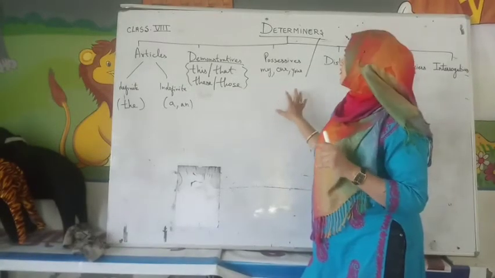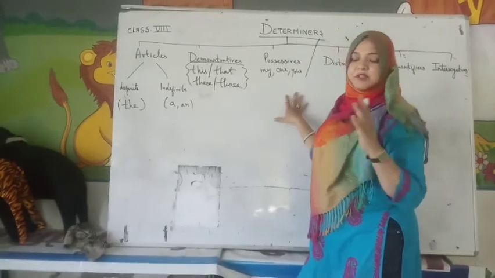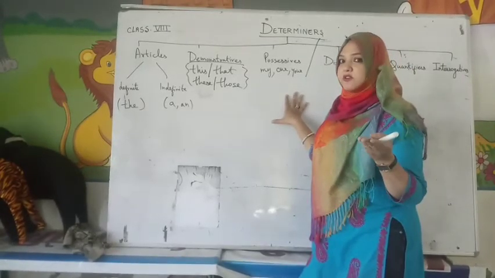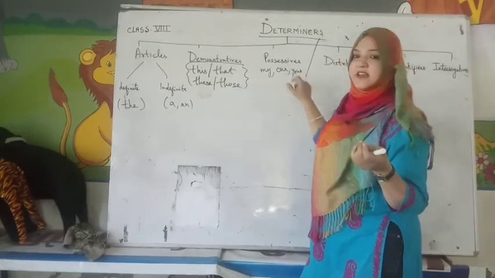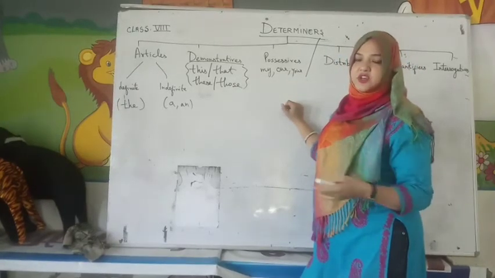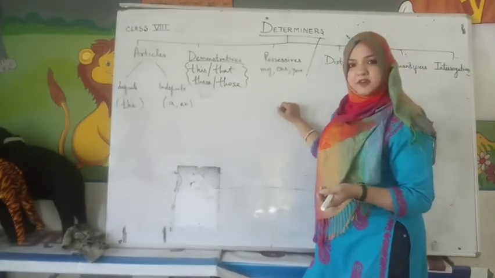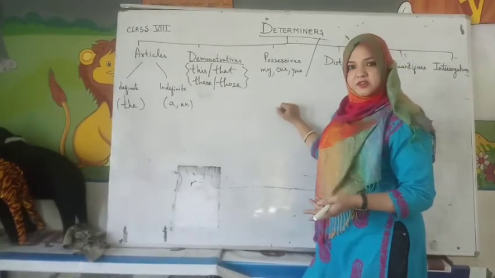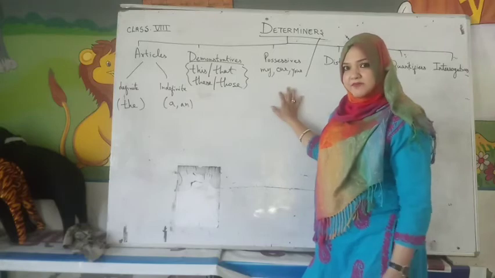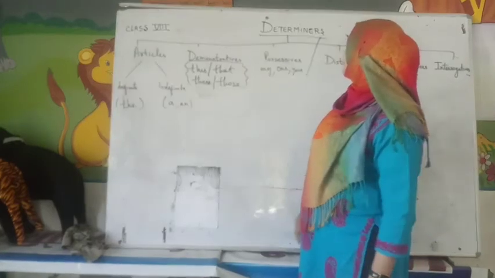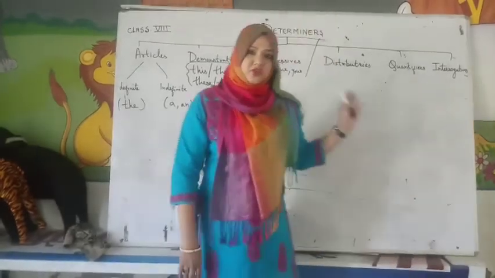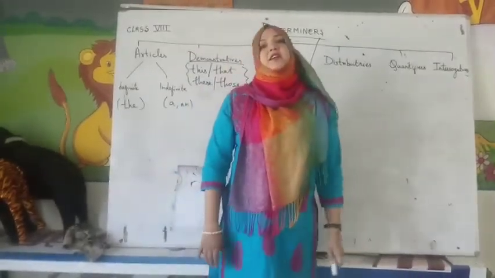Again, I'm telling you the difference between possessives and possessive pronouns. Pronouns will have s in the end: ours, yours, theirs, okay? Remember that difference. So I'll stop till here, and the rest 3 kinds I'll be explaining in my next class.